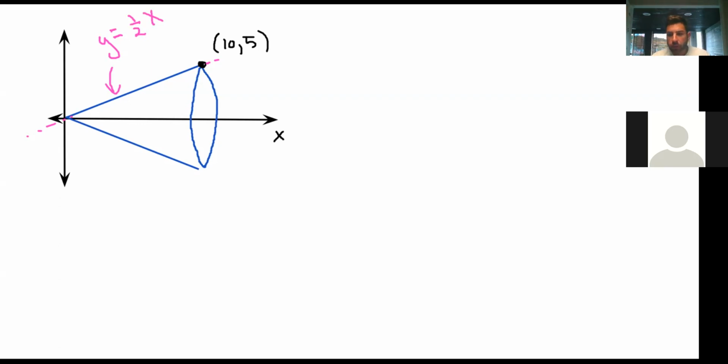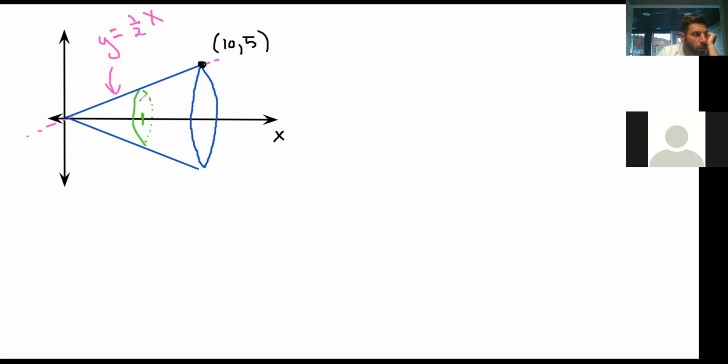So now let's just pick any point we want on this x-axis. What is the corresponding area of this corresponding slice?